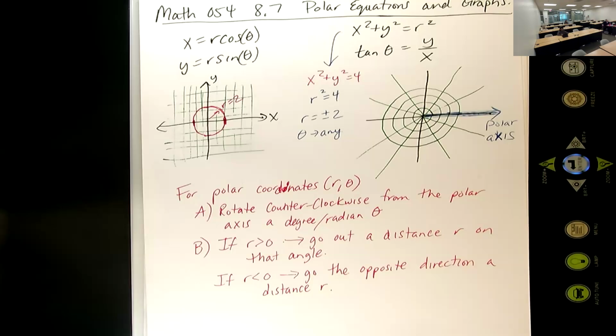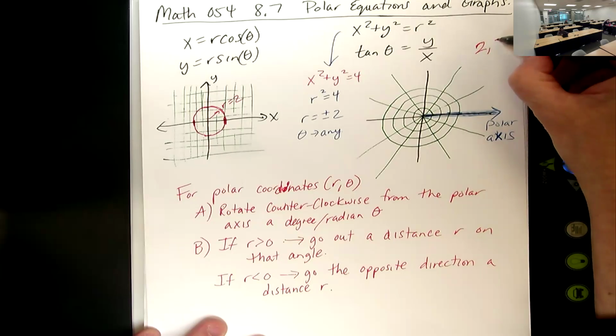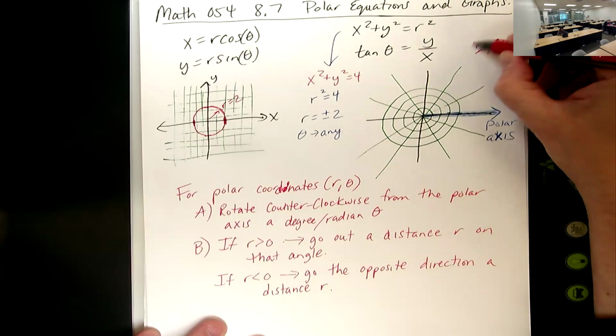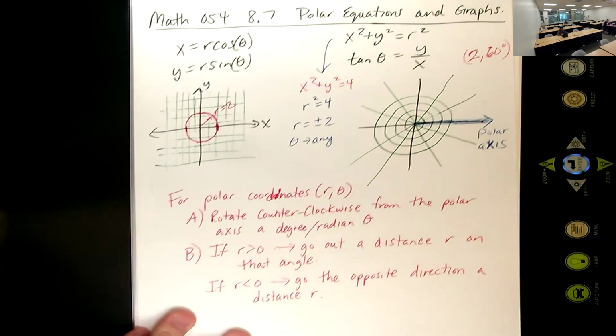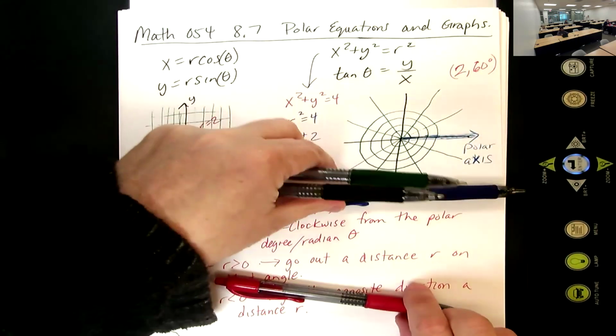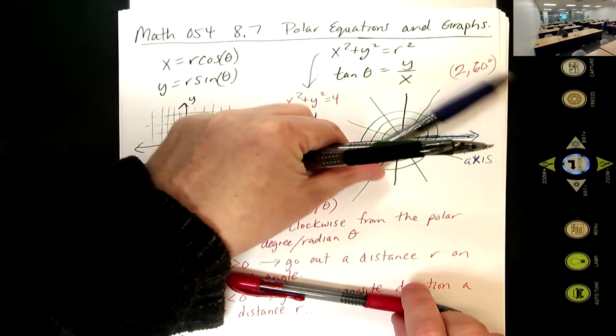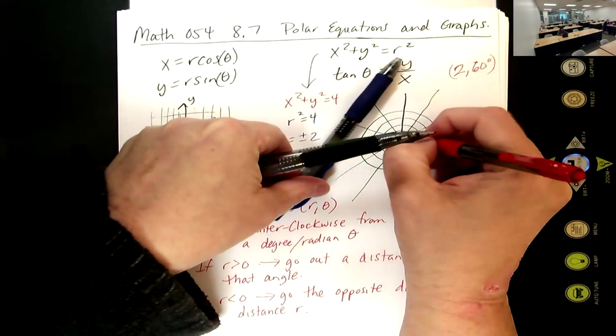So for example, if I have 2, 60 degrees, I'm going with my circle here of r squared equals 4. I'm starting here on the polar axis. I rotate 60 degrees, and then I go out a distance 2.